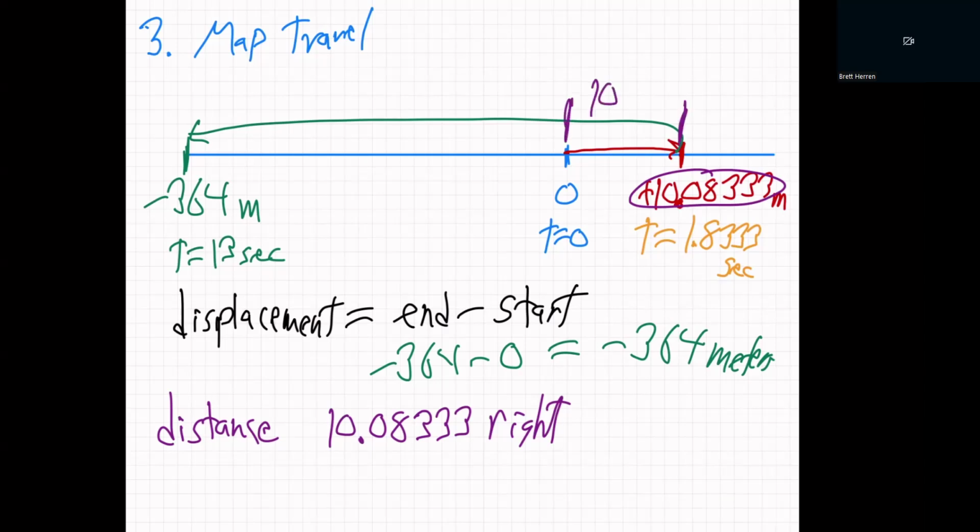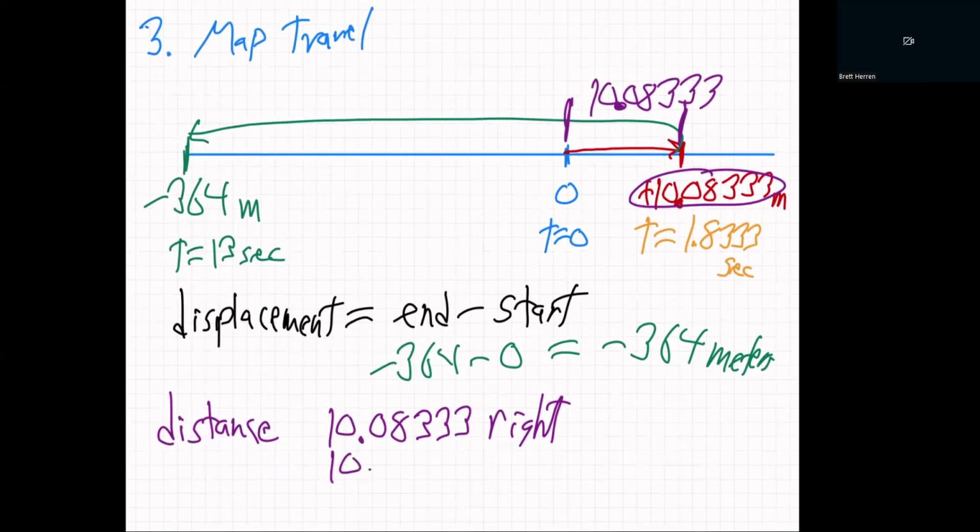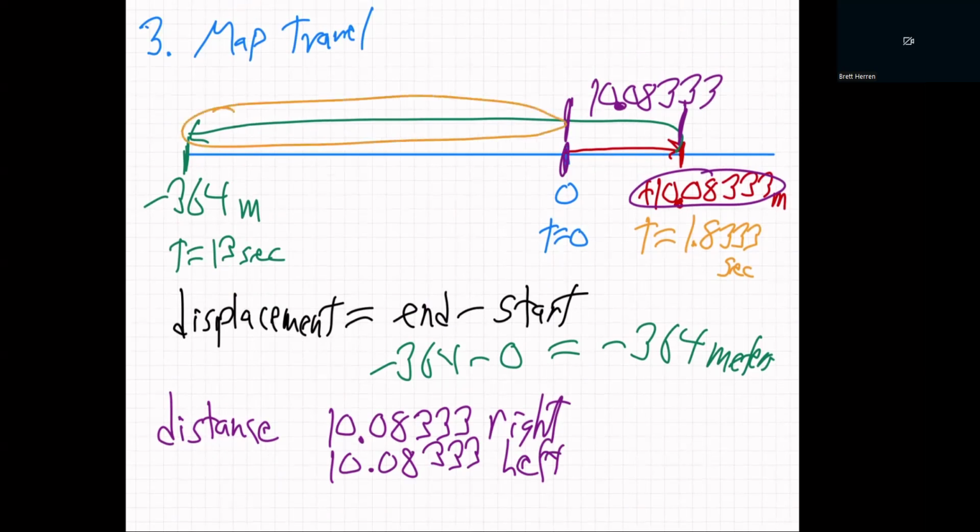It must have done 10.08333 again back, so add that again, because it did that to the left to get back to 0. And then it did this last leg of the journey when it went all the way to negative 364. So this must be 364 meters because it goes from 0 to negative 364. And so we just need to add all those up.